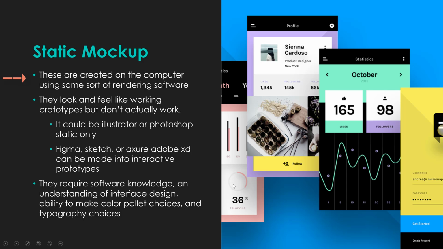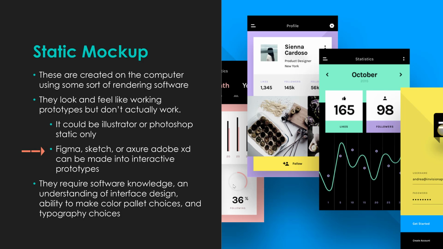Static mockups, on the other hand, are created on a computer using some sort of rendering software. They look and feel like a working prototype, but don't actually work. So you can build them in Illustrator, Photoshop, InDesign, Figma, Sketch, Axure, Adobe XD, and any one of these pieces of software. Remember that Figma, Sketch, Axure, and Adobe XD can add interactivity to your prototypes.